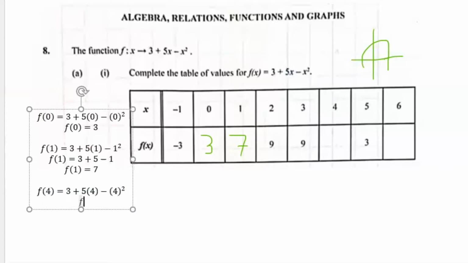Therefore f of 4 is equal to 3 plus 20, which is 23, minus 16, and that will give us 7. So now we can see our graph reach a maximum of 9 here and now start descending. When our x value is 4, our f of x value is 7.